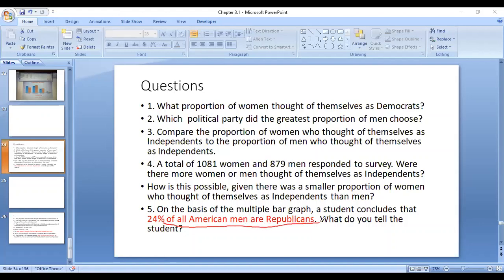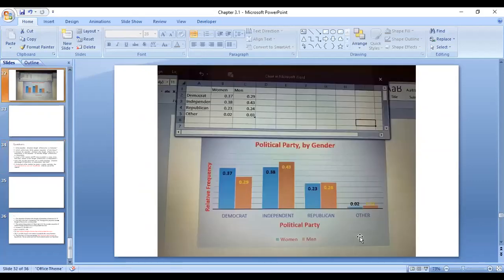Even though you see here there are 24%, right? Anyone have to answer this question.